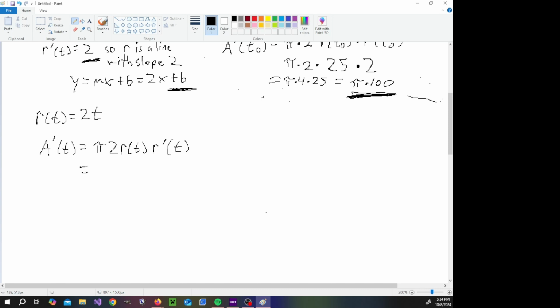Well, this means that I can plug in my function r of t directly in here. And also r prime of t is already 2, so I get to plug a couple of pieces in, right? Pi times 2 times 2t times 2. So I can combine all these 2's together. 2 times 2 is 4, times another 2 is 8.